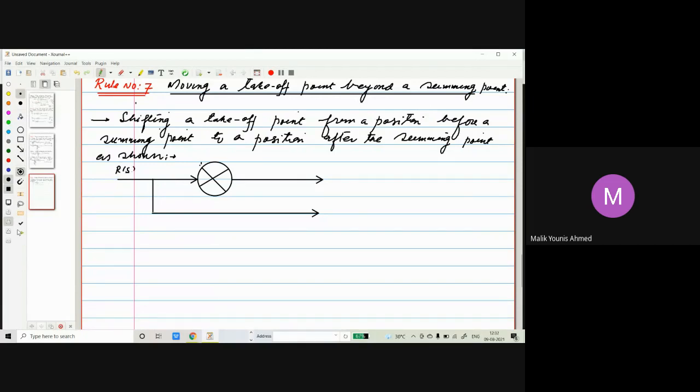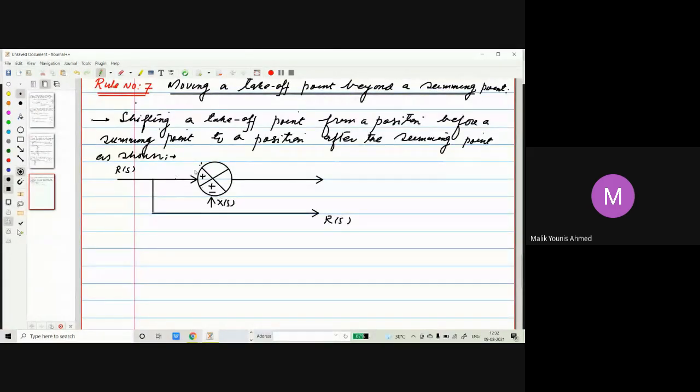The same R(s) will be here. This is a summing point, plus minus. The signal to the summing point is X(s) again.